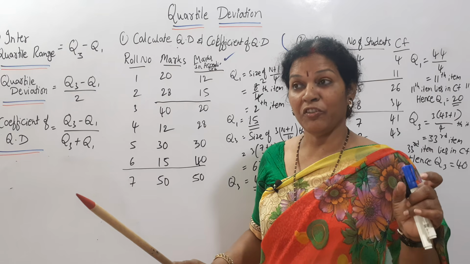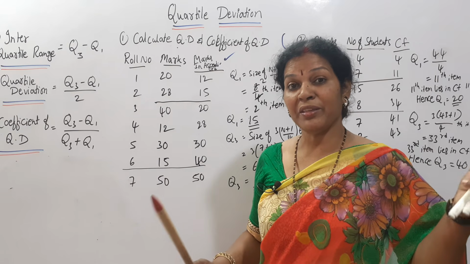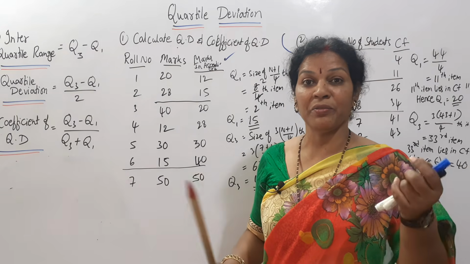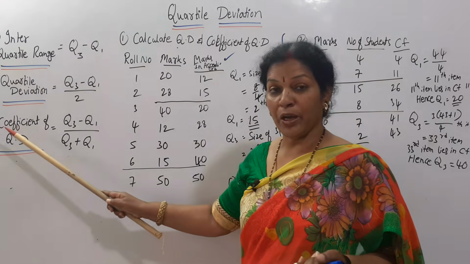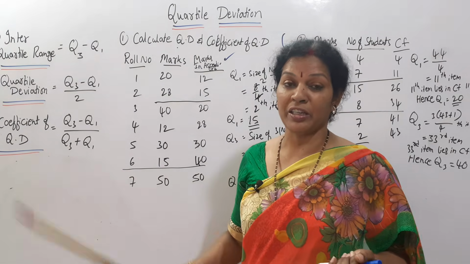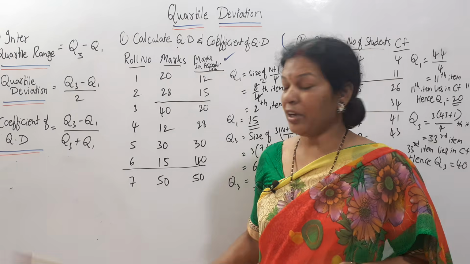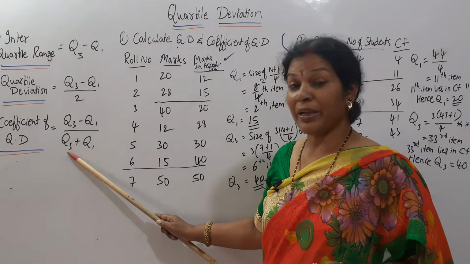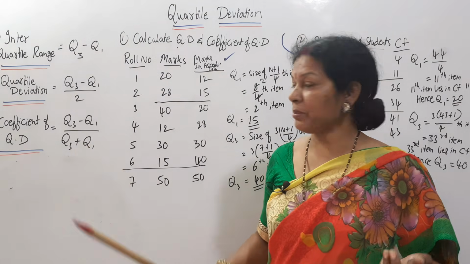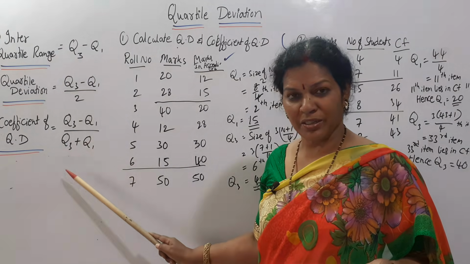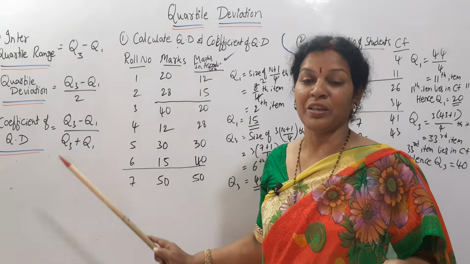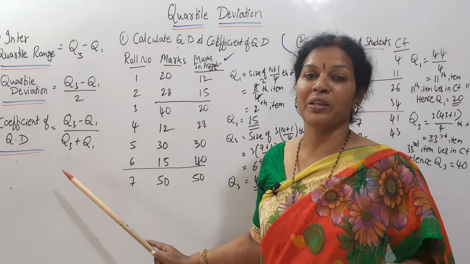Whenever we want to compare one variable with another, one data set with another, then we have to go for the coefficient of quartile deviation. That formula is Q3 minus Q1 by Q3 plus Q1. Say along with me. This is Q3 minus Q1, and downside we write Q3 plus Q1.